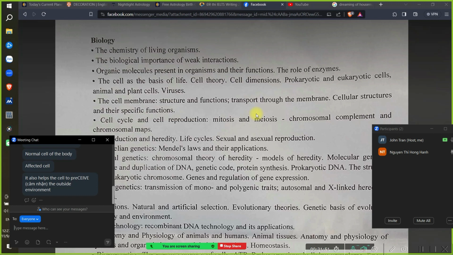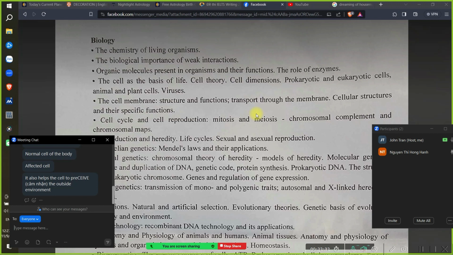Small non-polar molecules like oxygen or carbon dioxide can easily diffuse into or out of the cell, while some polar molecules like water also can diffuse through the membrane, but not easily. It's a very slow process. That's why there are special proteins that can easily transport water into and out of the cell, called aquaporins.